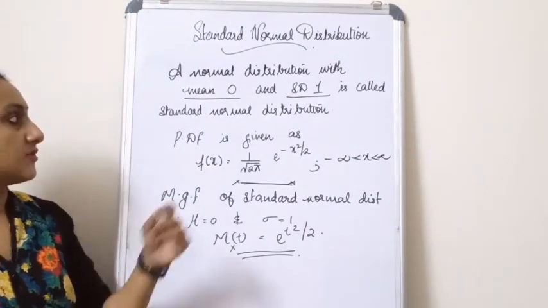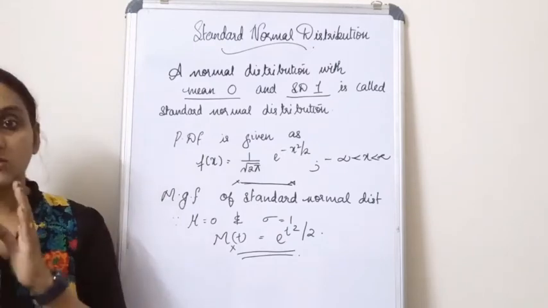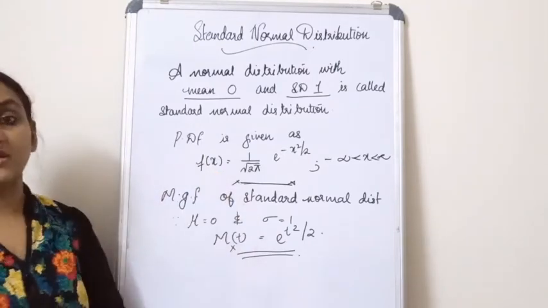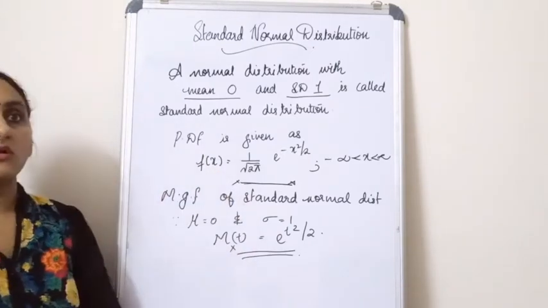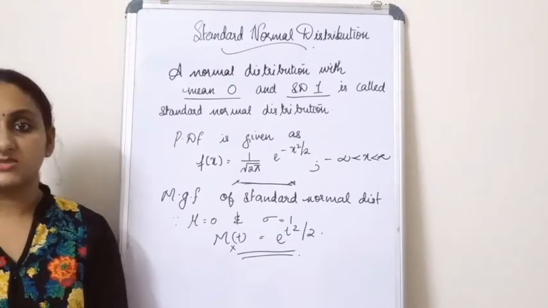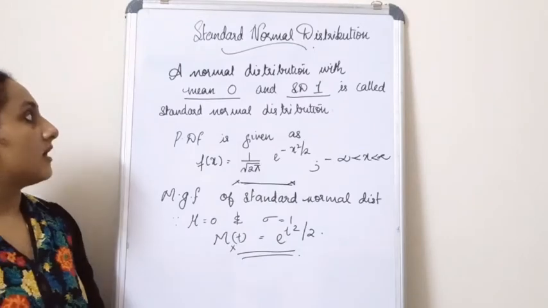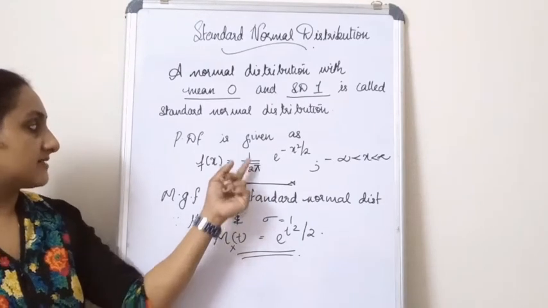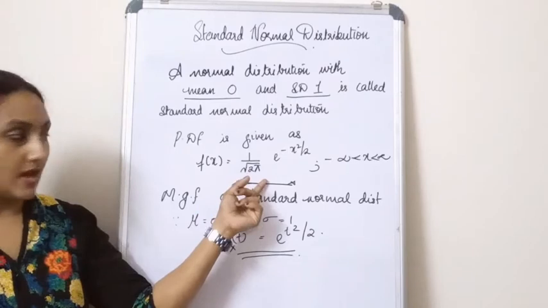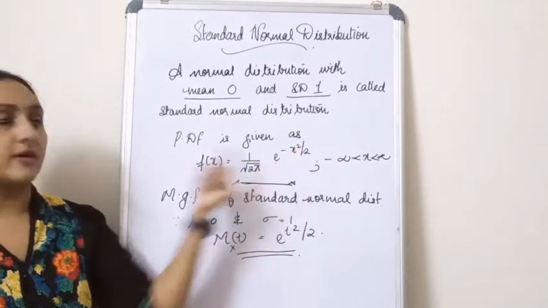In the case of standard normal distribution, take a look at the PDF. Keep the PDF of your normal distribution in your mind, and then look at the PDF of our standard normal distribution. It is given as 1 by root 2 pi e raised to minus x square by 2.